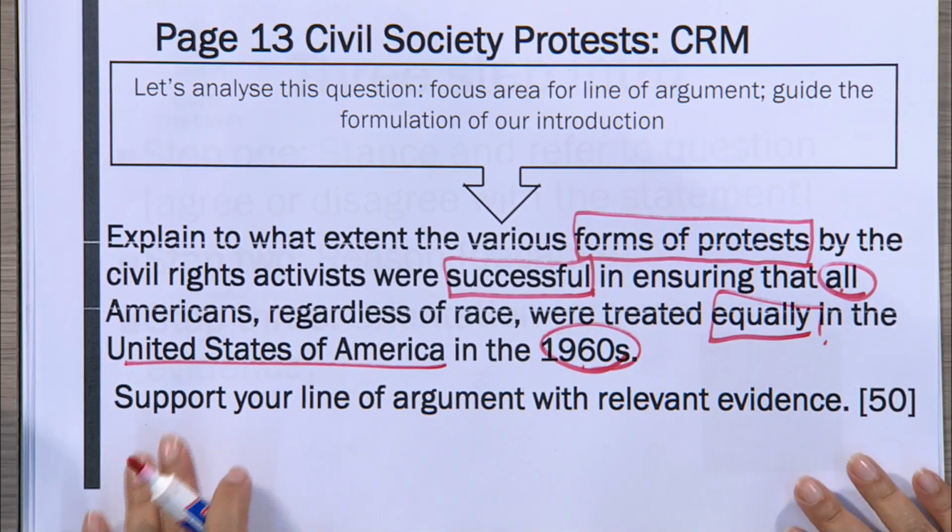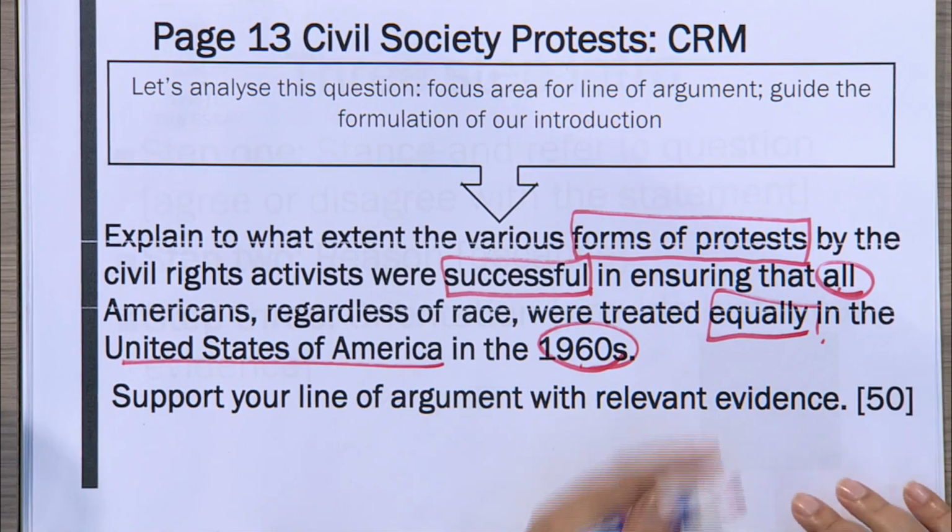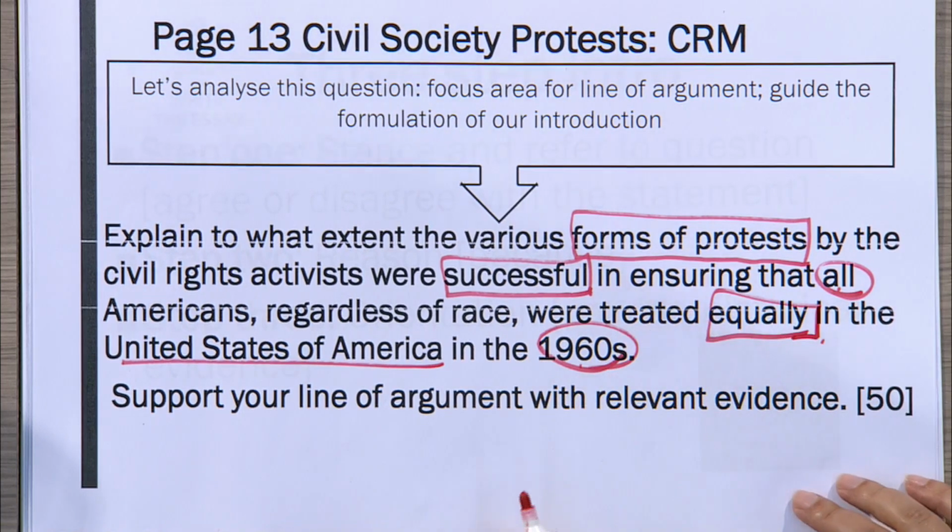It then goes on to say that I need to support my line of argument with relevant evidence, and that's going to be worth 50 marks. Essentially, grade 12s, I think this question is set up beautifully. It very clearly tells us what is required of us in order to answer this question.